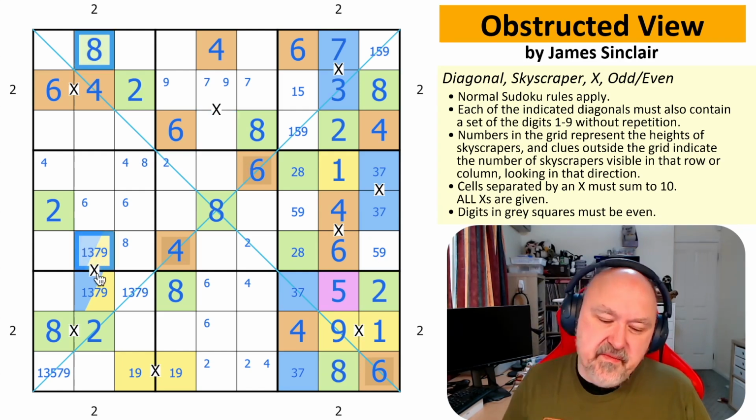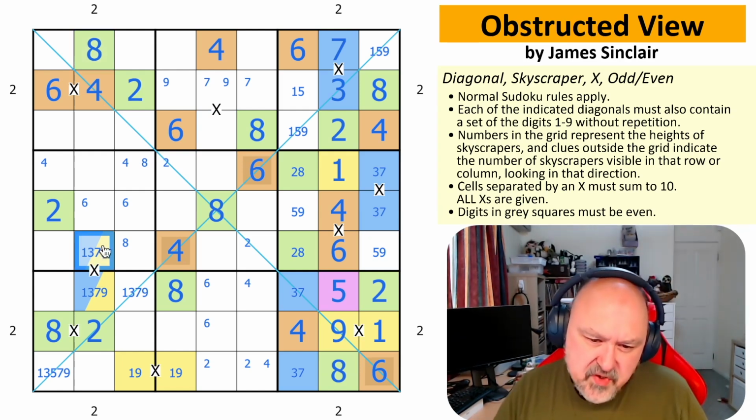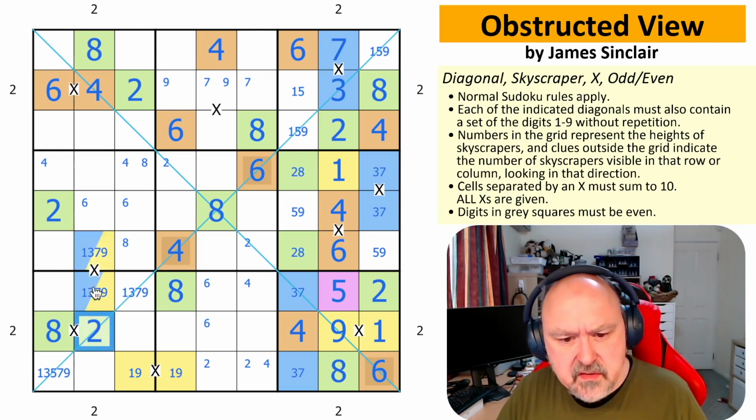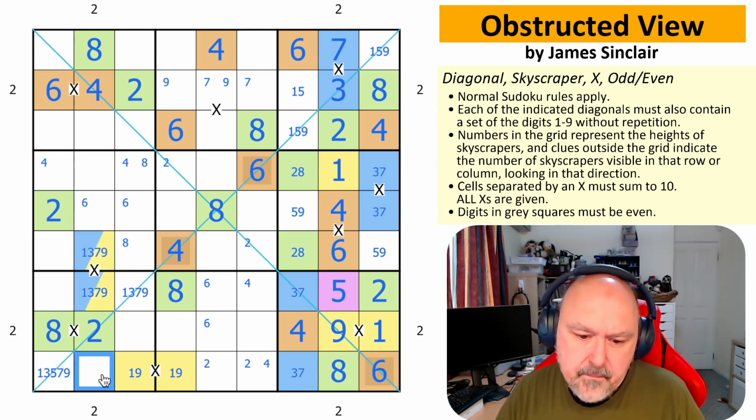I don't see why that's a problem yet, but that's true. Now, whichever order this goes in, maybe? If this is 3, 7, I can't put 9 here for multiple reasons.